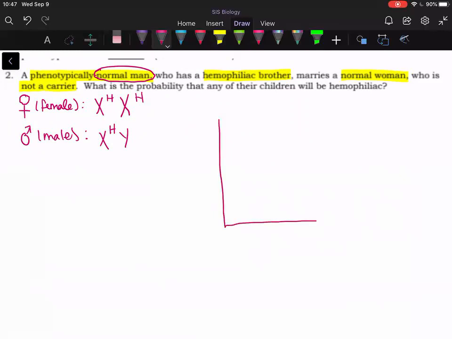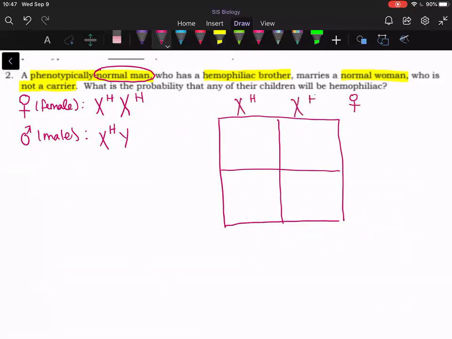Let's do our Punnett square. So I'm going to put the female's sex chromosomes at the top. So she has both dominant normal genes, and the male is going to be on the bottom. And his chromosomes, this is what he has. Okay, so take a second, fill it out.